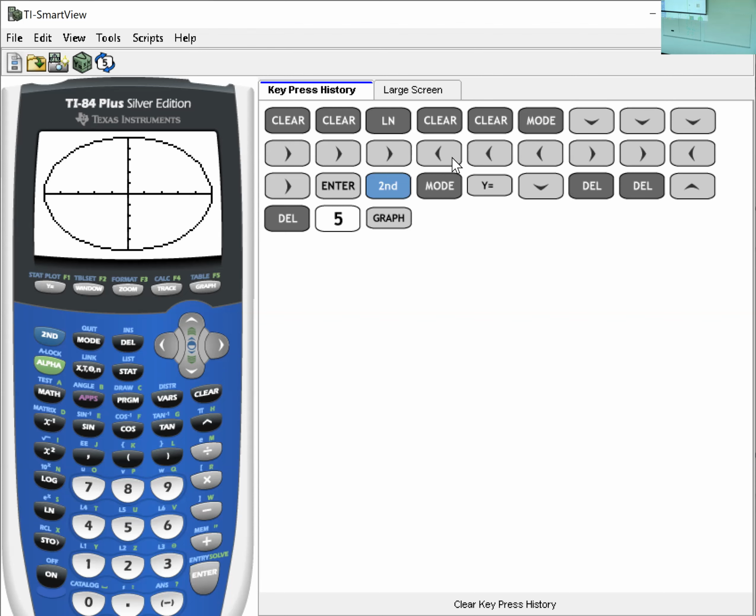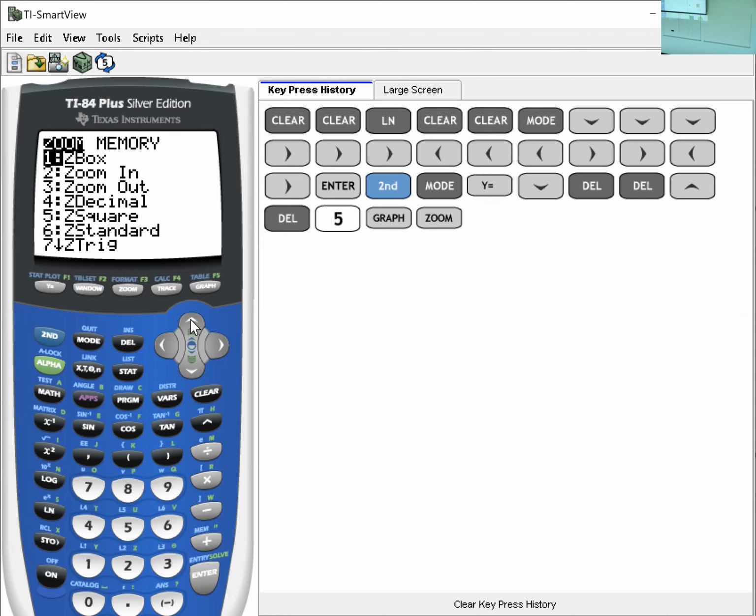What does that look like? A circle. If you don't see things properly, you always go to zoom. I believe it's 0, which is zoom fit. It will fit the screen to the curve that you want to look at. So in this case, I got a circle.